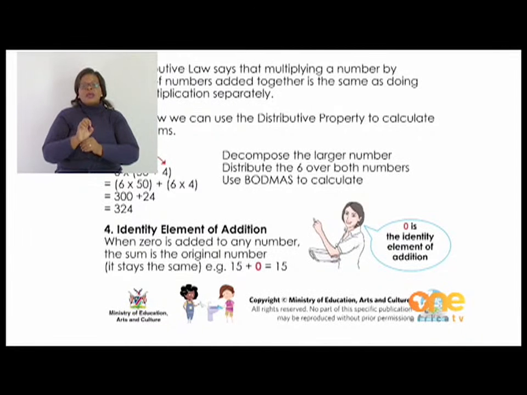You must take note of that, because a question can come and say, what is the identity element of addition? Then you must answer 0.